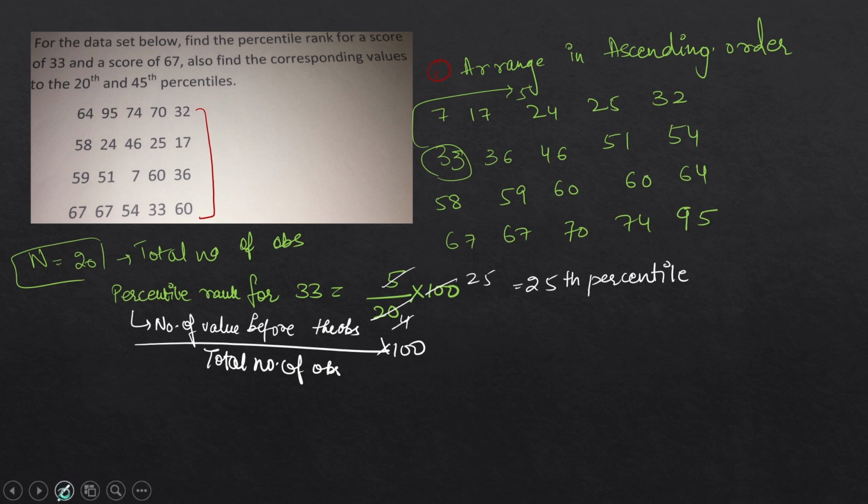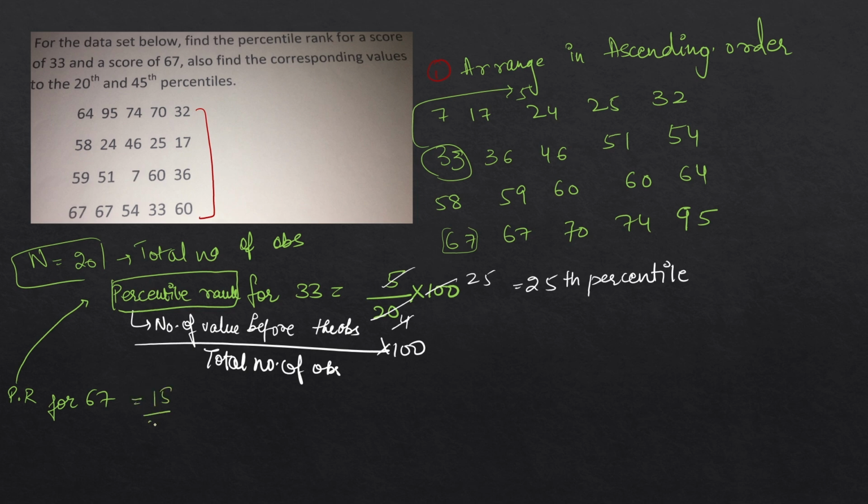now we will calculate the percentile rank, I'm denoting it with PR, for 67. So here 67 is the 16th observation. So for the 16th observation, before that we have 15 observations left.